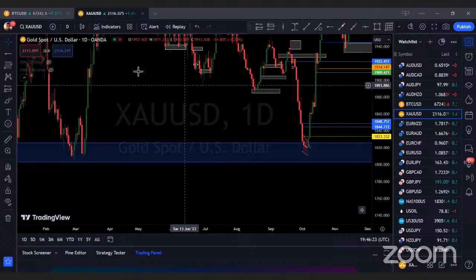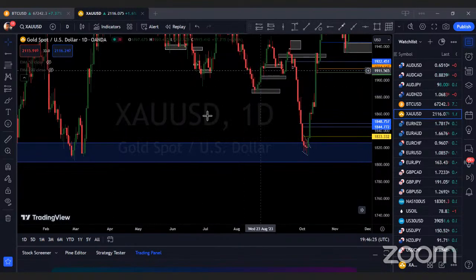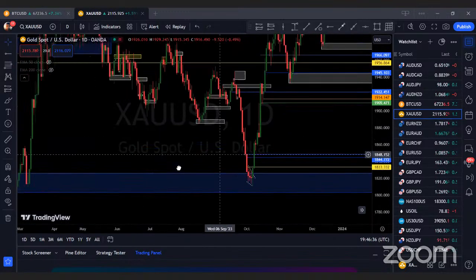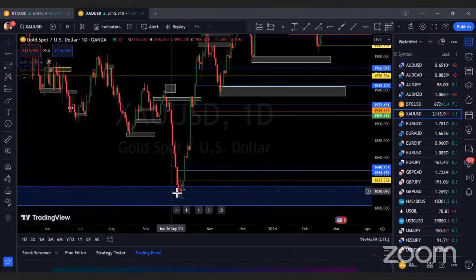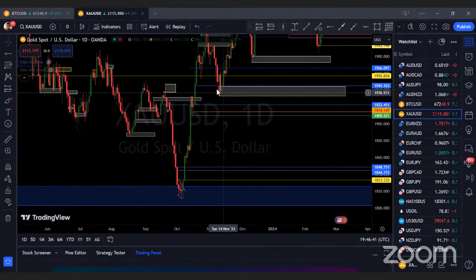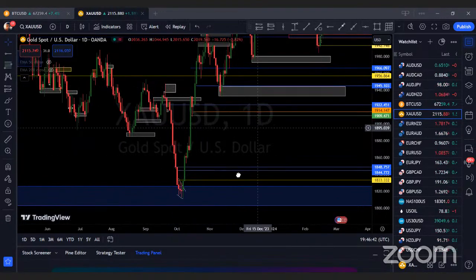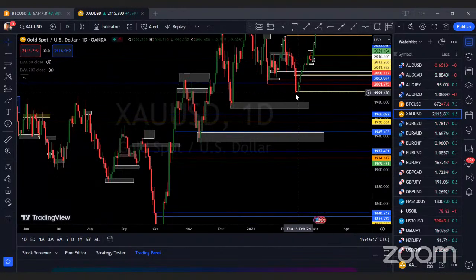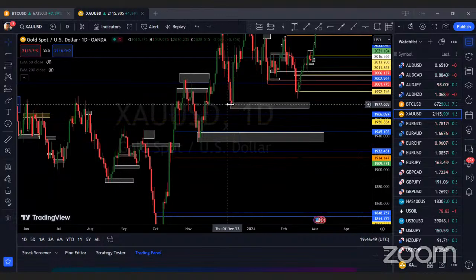You only break this base, come to this structure, and then create a high, a low that is slightly higher than this area. That's pushing up. So if you take it from here, this is a major new low higher than this low, and then it now created a new low which is higher than the previous low.